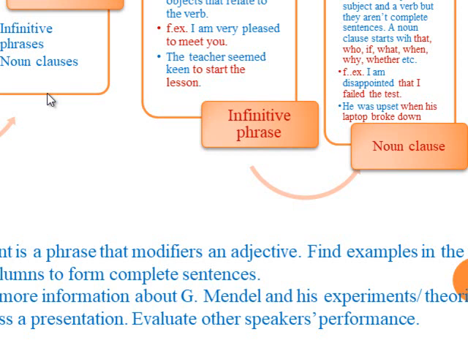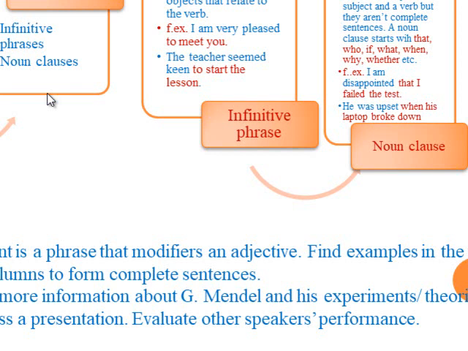So children, let's conclude our lesson. Today you've learned about the scientist Gregor Mendel and about his laws of inheritance and his experiments.